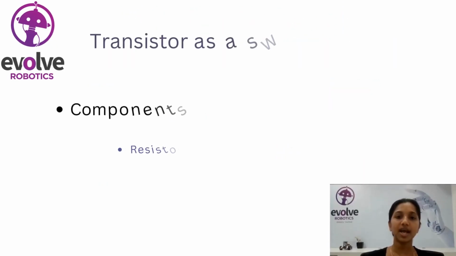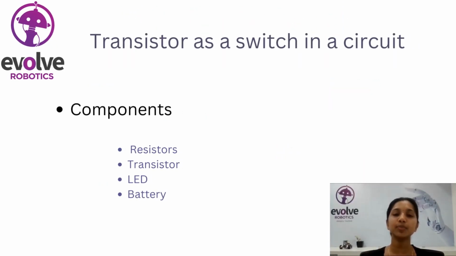So here I'm explaining about the switching property of a transistor in a circuit. For that, we need two resistors. The first one is a 330 ohm resistor and another one is a 120 kilo ohm resistor. And here I am using a transistor of NPN type and its name is BC547.